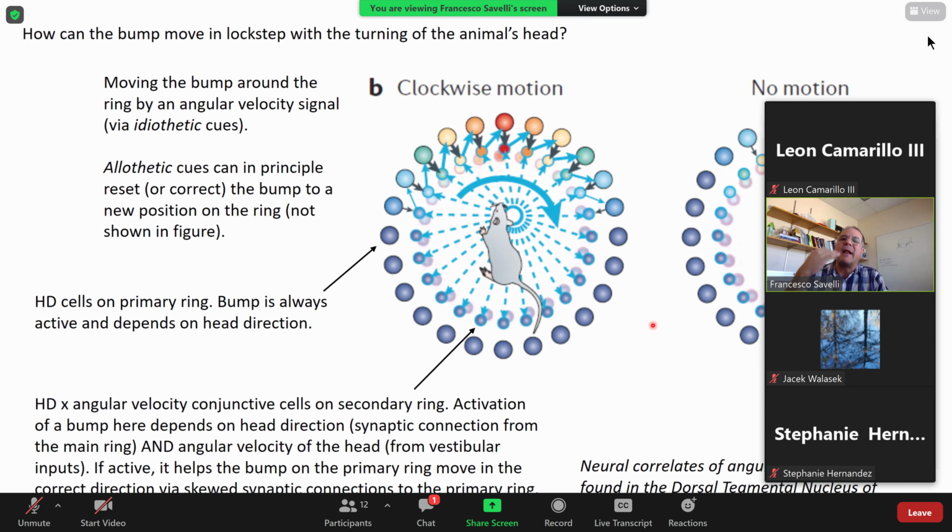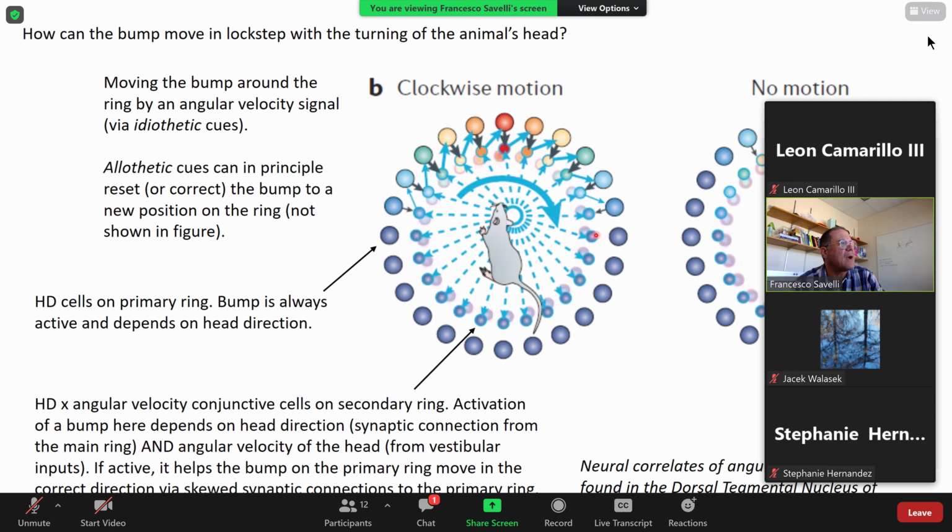But we said that the bump is also capable of moving, even if making a lot of errors, by itself based on the animal movements, based on idiothetic cues. So for example, your vestibular cues, right? So how does that work? Well, this is what you would do in the theory.